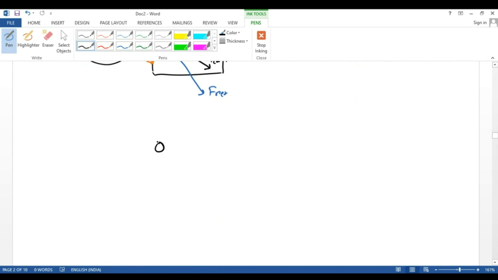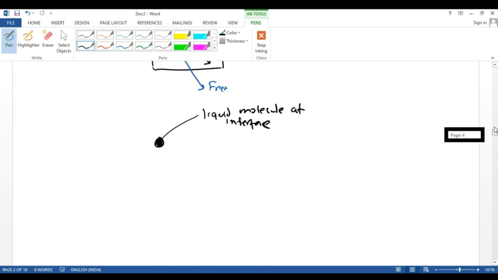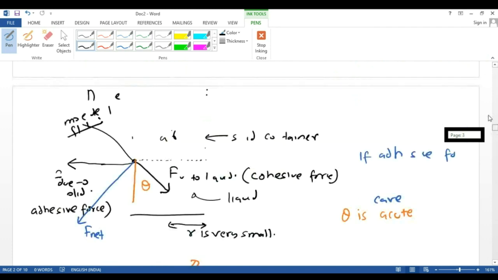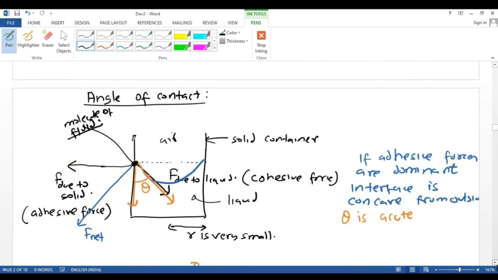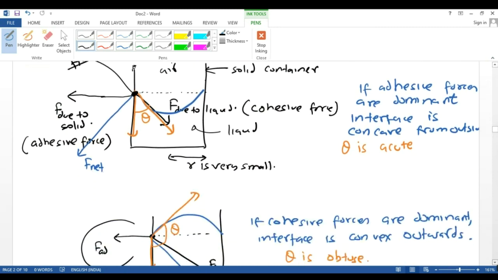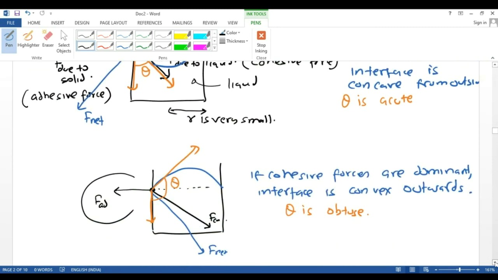Let us say this is a liquid molecule at the interface. This is the molecule for which we wrote the FBD here. So all these FBDs are written for the liquid molecule on the interface.